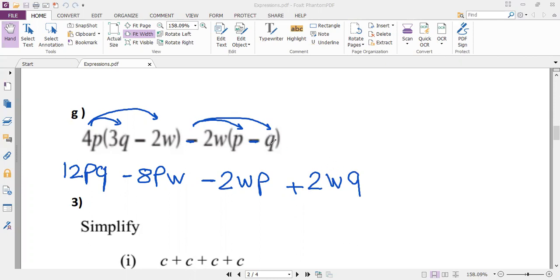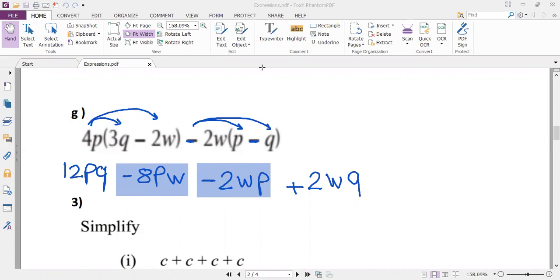I have 4 algebraic terms, and I want to simplify them. So just search for like terms. I have pw and wp. You know, they are like terms. And some students get confused and say, how are they like terms?